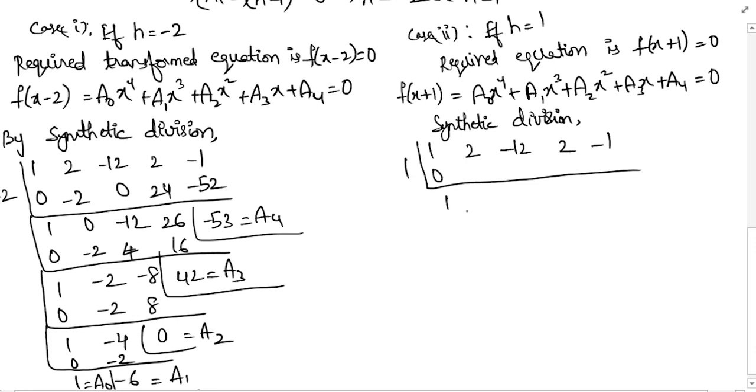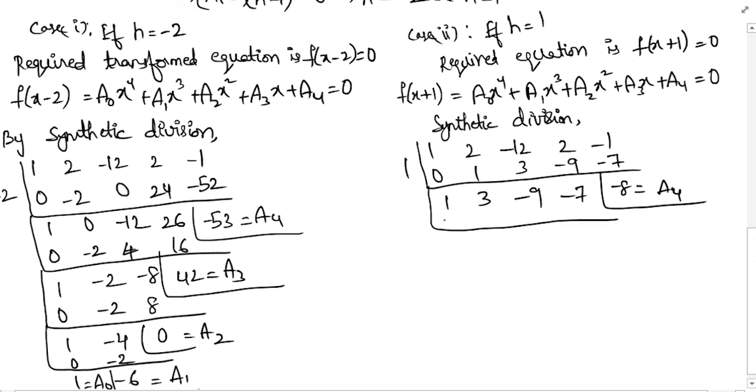Here it is 1. So 1, 1, 3, 3, minus 9, minus 9, minus 7, minus 7. This will be minus 8. This is equal to A4. Okay, so again 0, 1, 1, 4, 4, minus 5, minus 5. This will be equal to minus 12.